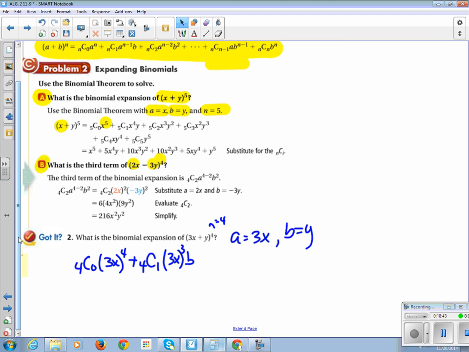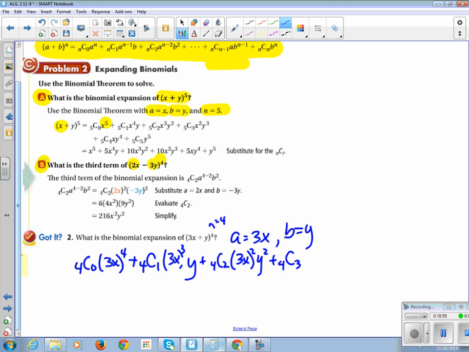It's not b, sorry, it's y. Plus 4 choose 2, 3x to the squared power, y to the squared power.